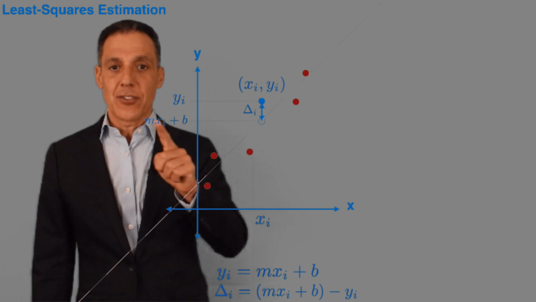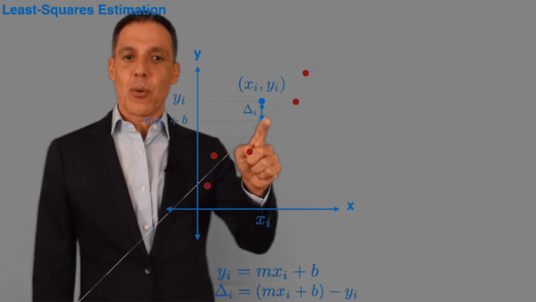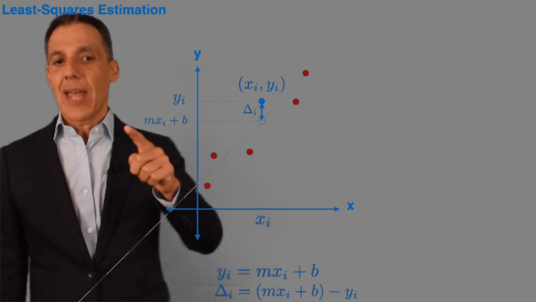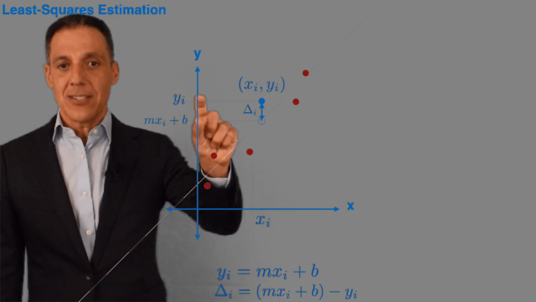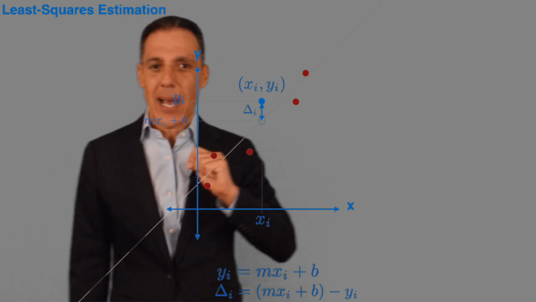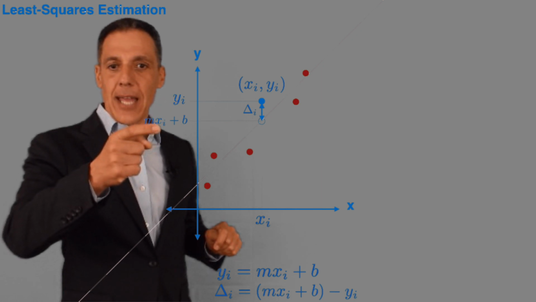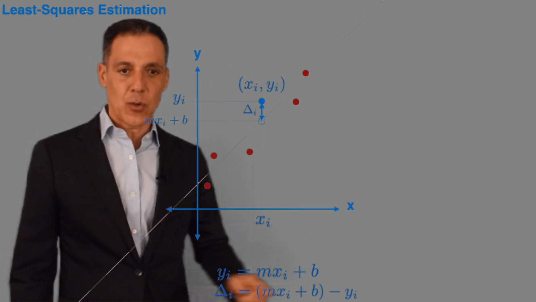That point is just m x sub i plus b. It's where the point would lie if it lay on the line. And that distance, or that difference, that delta, it probably should be delta sub i, is just the difference between y sub i and m x sub i plus b. That's this equation right here.